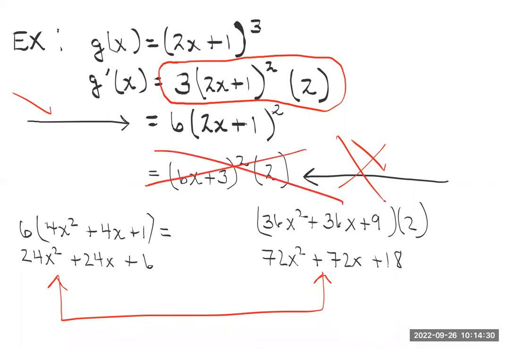So that doesn't work. You can multiply the stuff that's not raised to the funny power, the 3 times the 2. Perfectly lovely as a 6. So this is a perfectly lovely version of the answer, but you cannot bring a number that's not squared inside a squared set of parentheses. That messes up your answer.